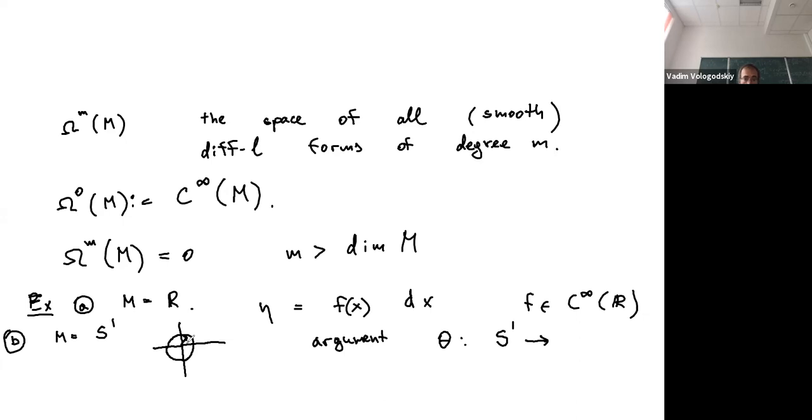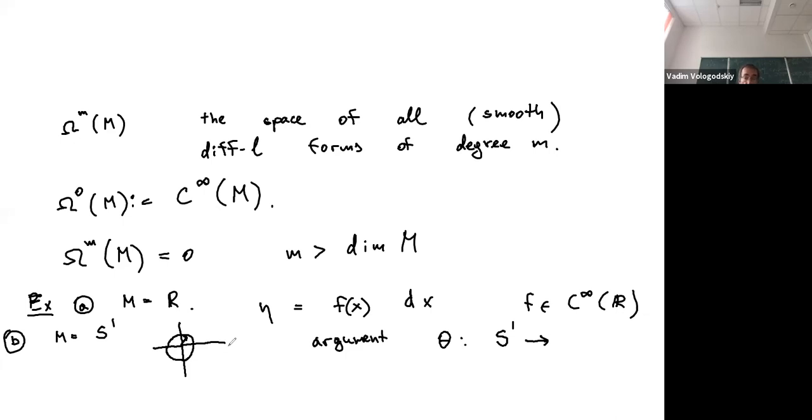It assigns to every point on the circle this angle, but the problem with this function is that it's either not continuous if you, say, measure angle from, if you said that the domain of this function be interval from 0 to 2 pi, right? Because then it's not going to be continuous here.